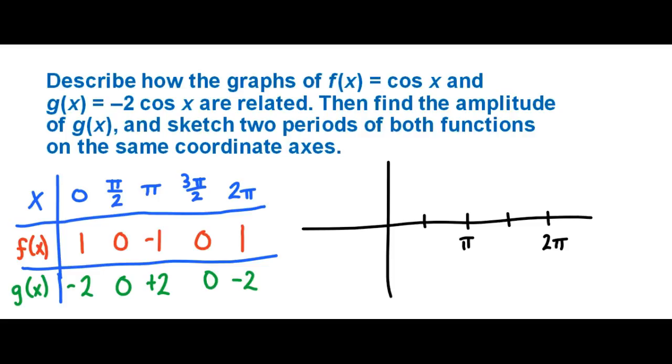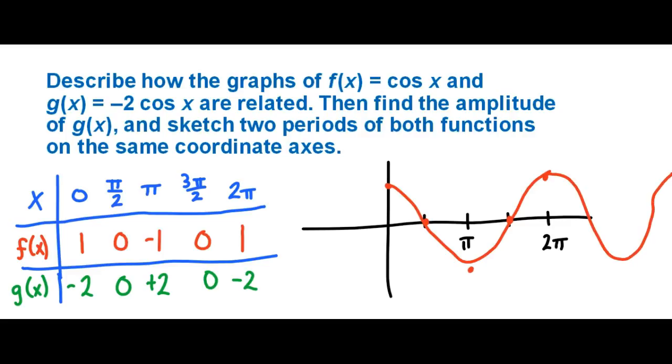So we would have points at 1, 0, -1, 0, and 1. So that would be 1 full period. And then I can either extend it another period to the left or another period to the right. It looks like I have more room on the right side, so I'll try to get that in there.